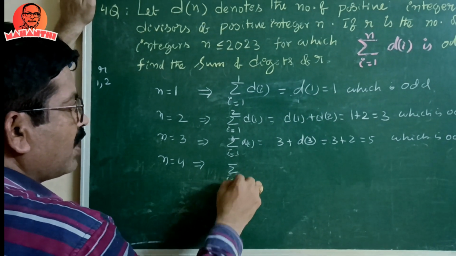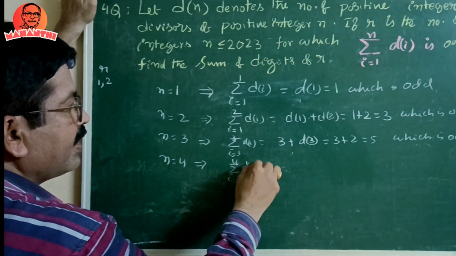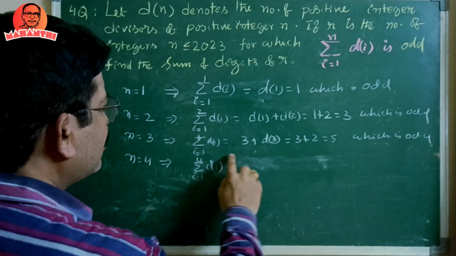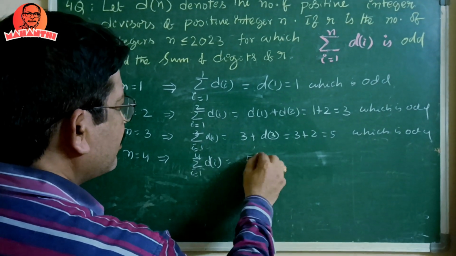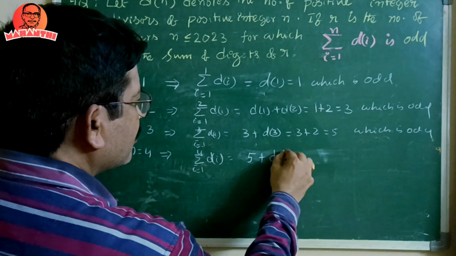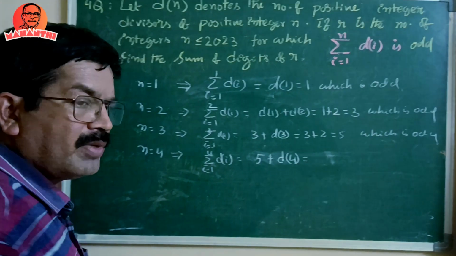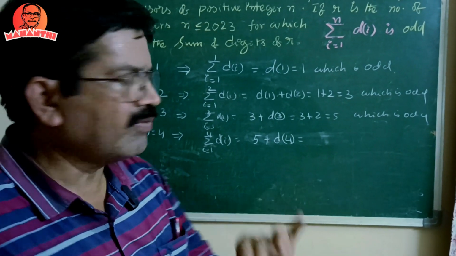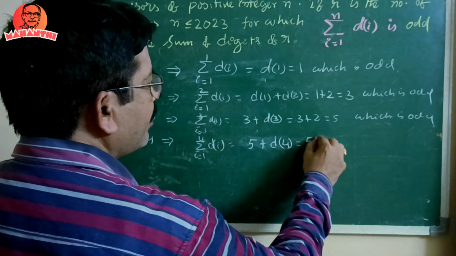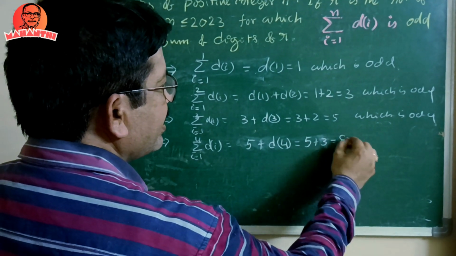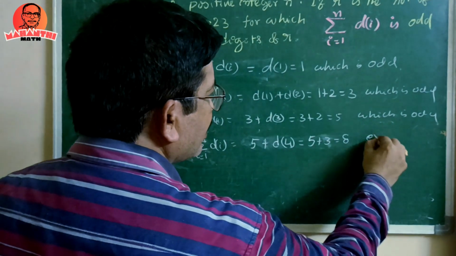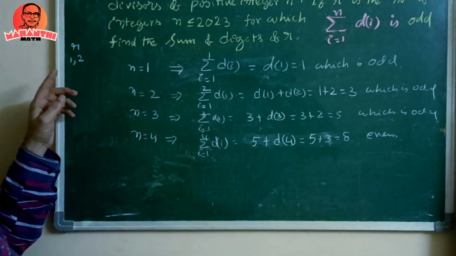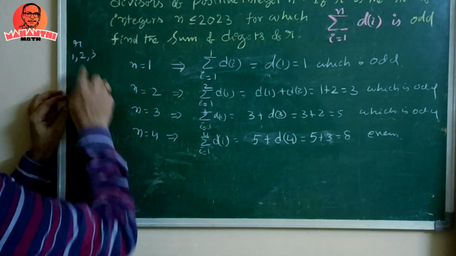Now n equal to 4. The sum up to 3 is 5, plus D(4). How many divisors does 4 have? 1, 2, 4. 3 divisors. So 5 plus 3 is 8, which is not odd, it is even. That's why 4 we should not take. 3 also we have to take, I forgot to write.